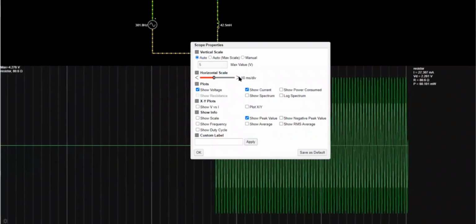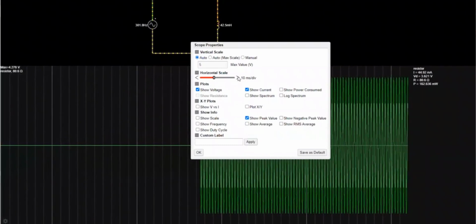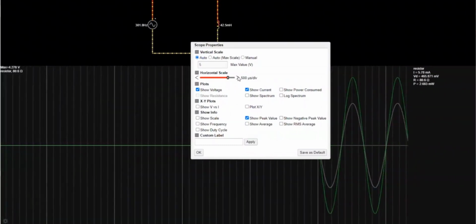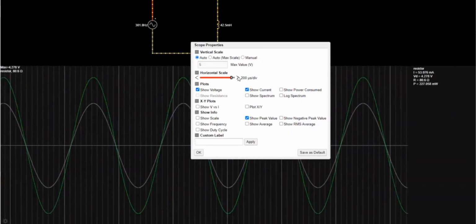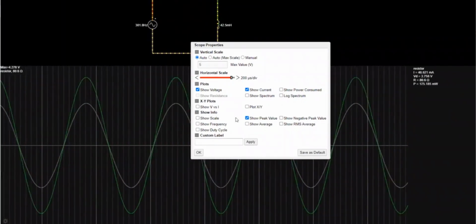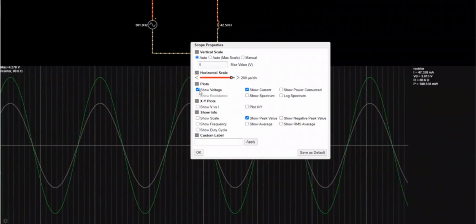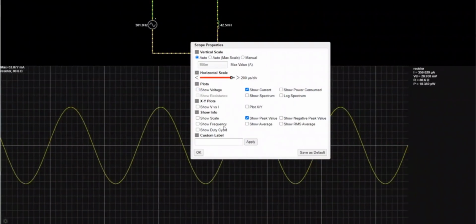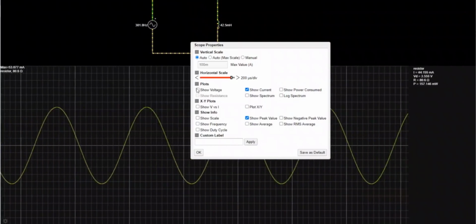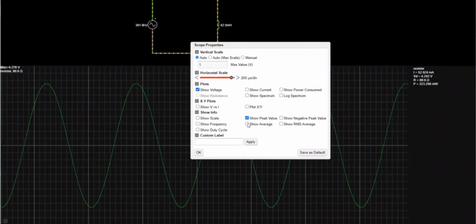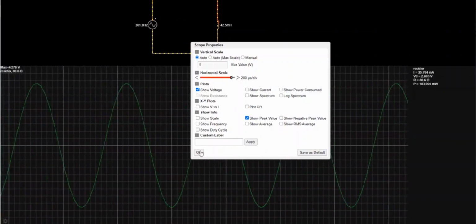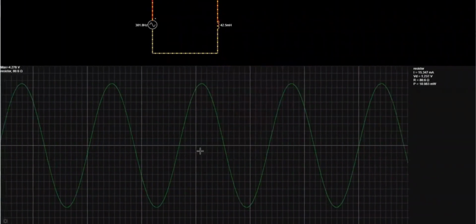We're doing two things. We're changing this from 10 milliseconds per division to 200 microseconds per division. See how it's easier to see now? And then let's turn off current and keep voltage. So we're just looking at the voltage drop across that resistor and then say, okay.